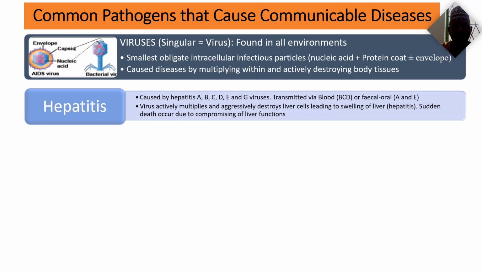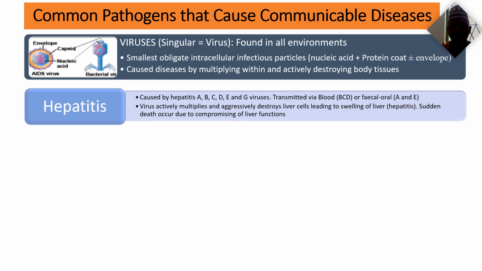Now, in the case of their transmission, hepatitis B, hepatitis C, and hepatitis D viruses are transmitted through blood, from the blood of an infected person to a non-infected person, either through contaminated needles. They can also be transmitted through sexual contact.